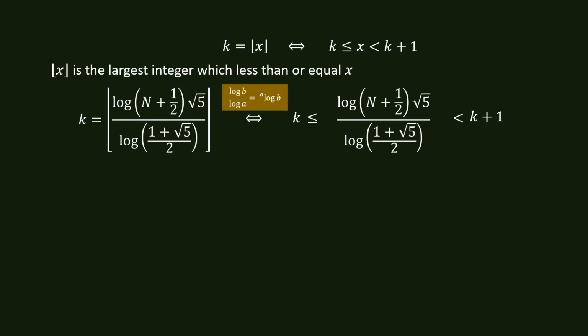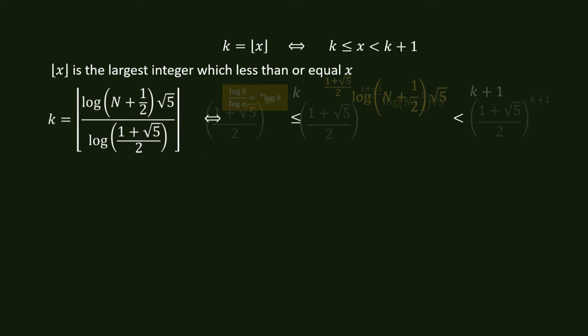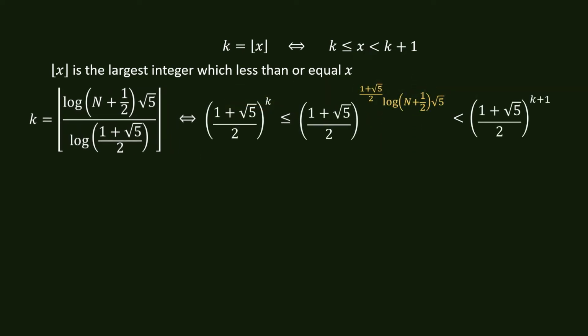By the property of logarithm, we know that log b over log a is equal to log base a of b. So the logarithm quantity becomes this new logarithm quantity. If we use all of the quantities in this inequality as the power of 1 plus square root of 5 over 2, we have this inequality.